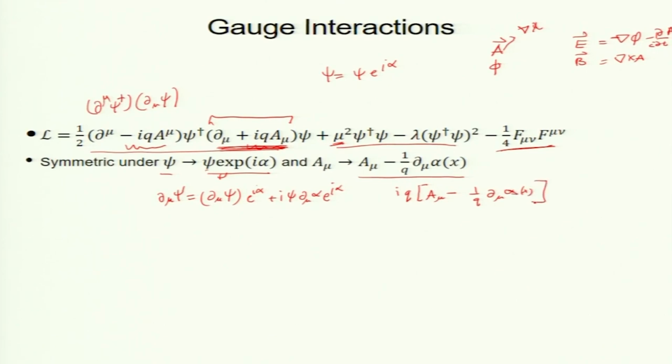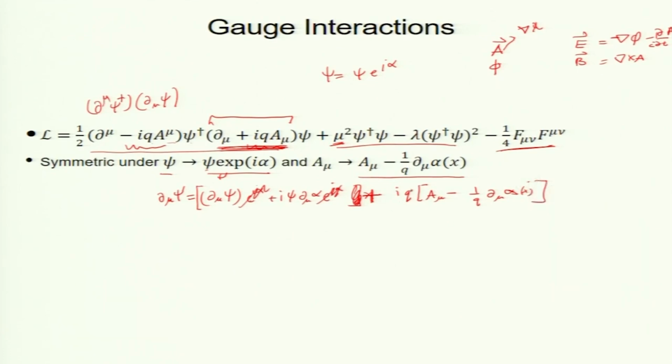So, e to the power i alpha will cancel with the e to the power minus i alpha on the left. When I do the product, e to the power minus alpha will go away. Not multiply, I am making a mistake, plus. So, what happens to this term, psi grad alpha?